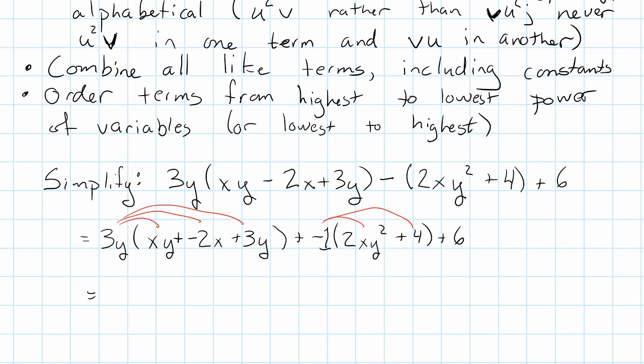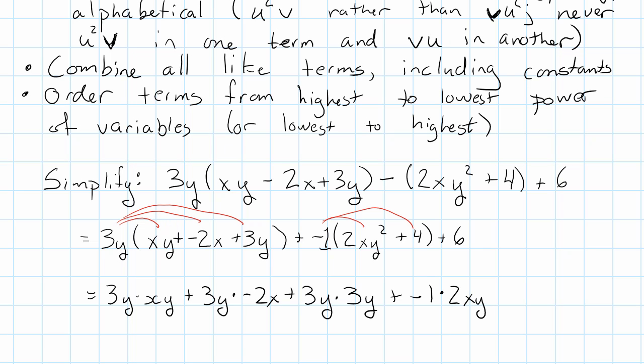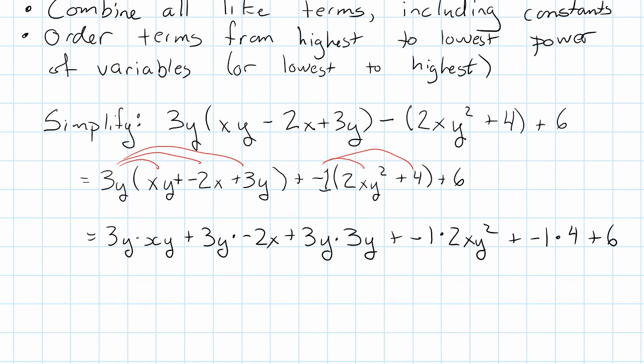So I'll have 3y times xy plus 3y times -2x plus 3y times 3y plus -1 times 2xy squared plus -1 times 4 plus 6.